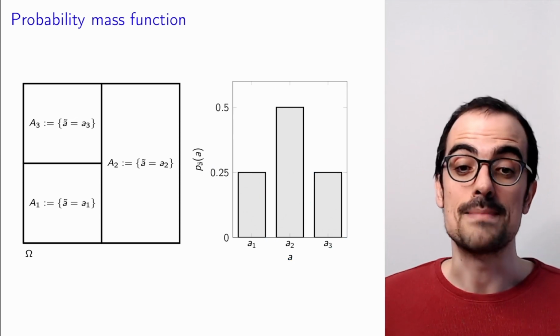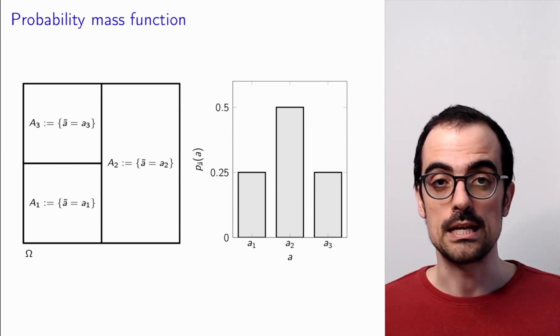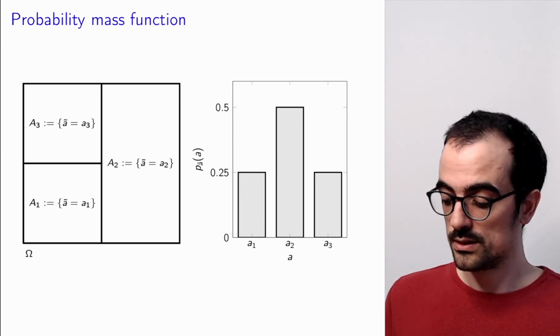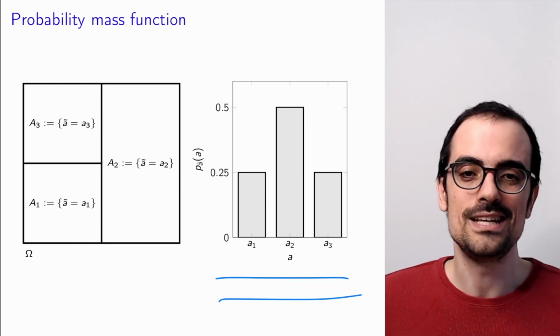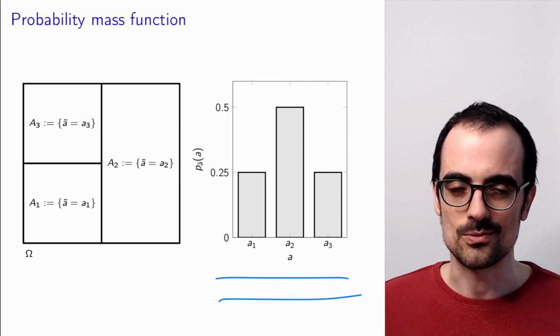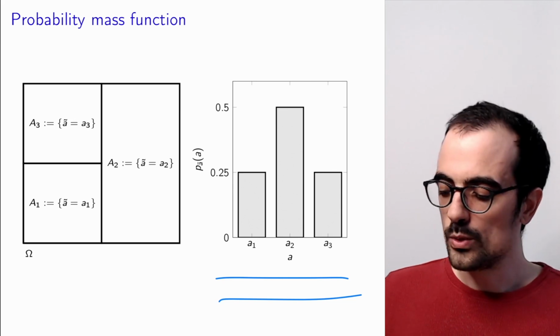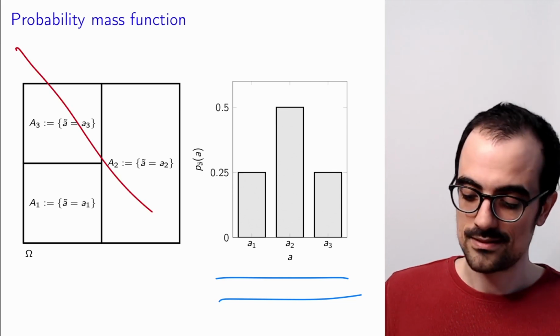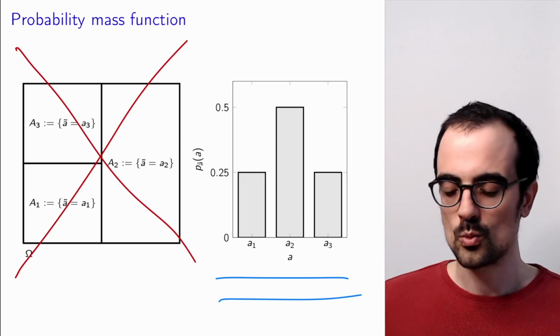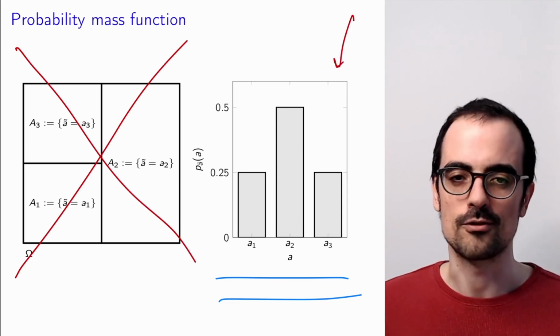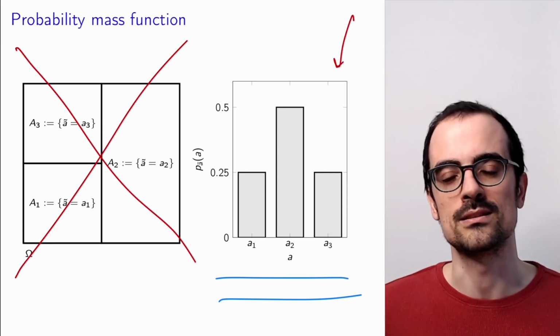The way we actually manipulate discrete random variables in practice is through the PMF. This is really the user interface, as we said, of the random variable. We usually don't even define the underlying probability space. We just estimate this object from data, and that's what we use to manipulate the random variable.